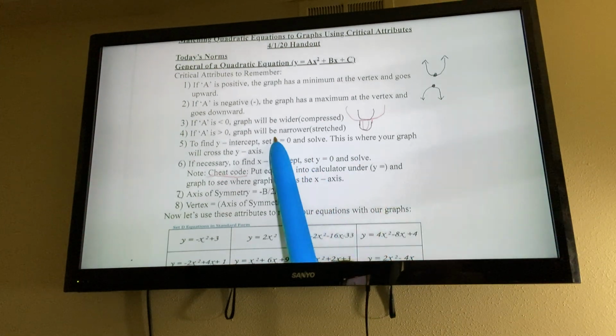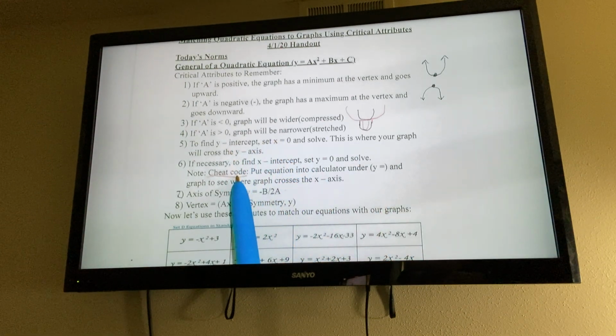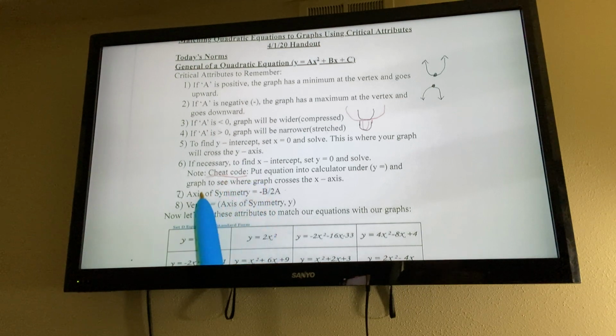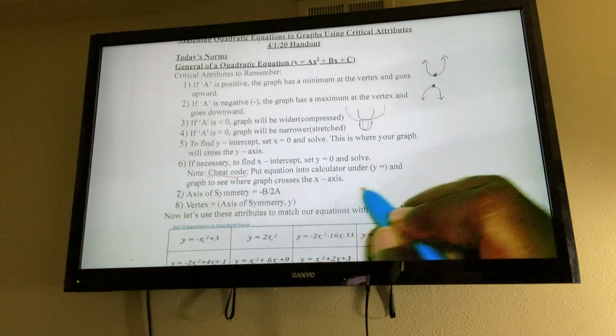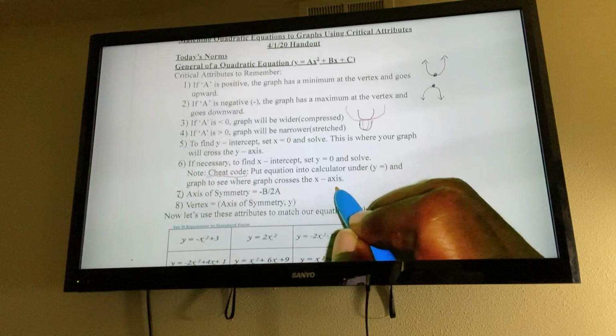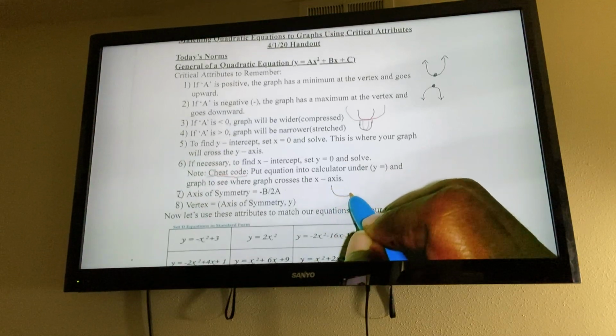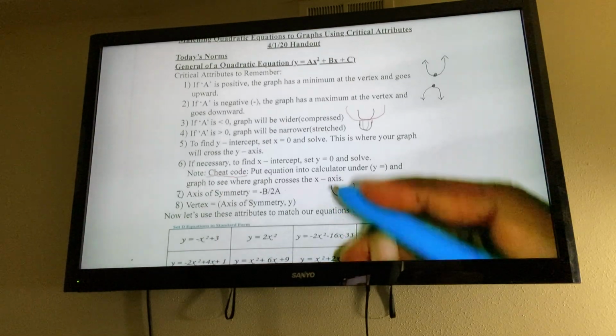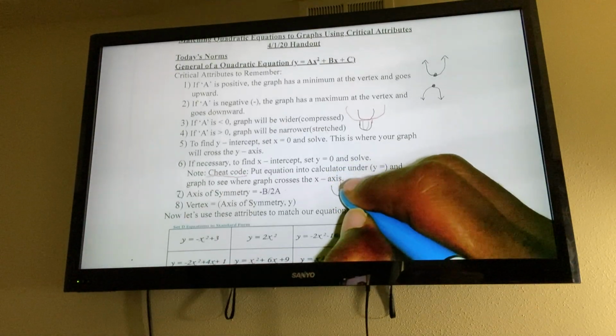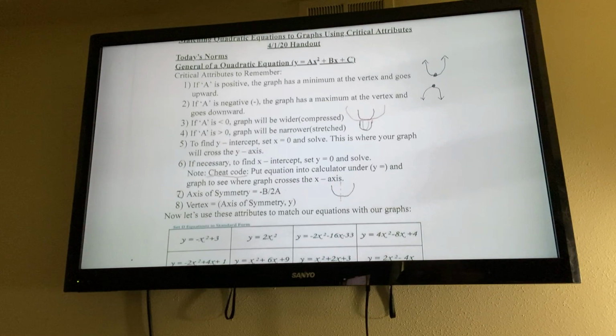As we look here, we left off on the axis of symmetry. Very important. The axis of symmetry always divides our quadratic function. It's always going to split it right down the middle, divides it in half.